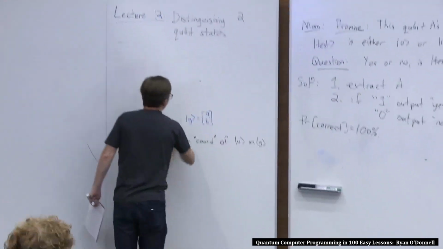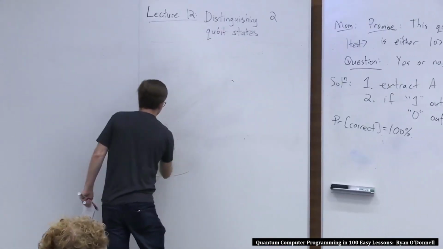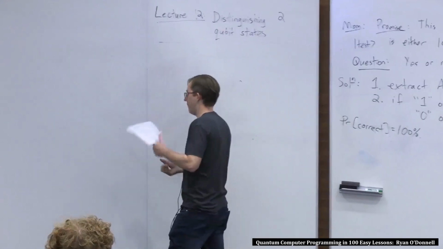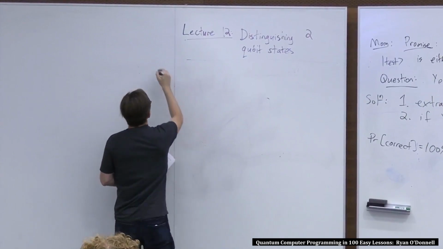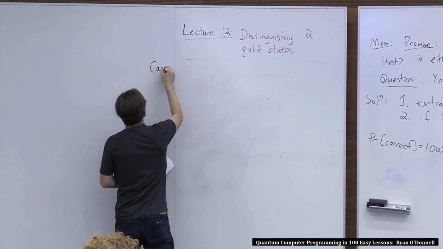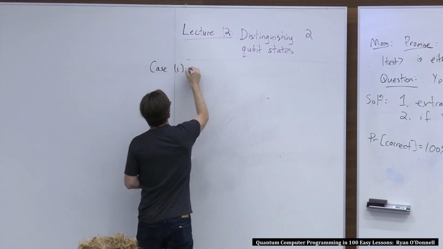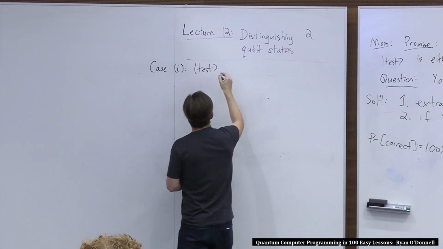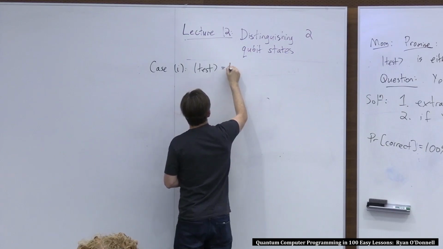Let's try to analyze it. We're going to use the setup I said we were going to use, case 1 and case 2. So let's do the analysis. Case 1: the vector that Ada handed you. Let's say case 1 is that it's ket 0.